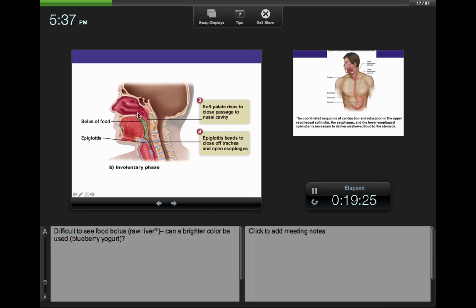And the soft palate moves up to protect your nasal cavities so that you don't get food up your nose, basically. Unless you laugh, like I said, while you're drinking milk, you're going to get it in your nose. All right, but usually the soft palate kind of lifts up, rises up to close the passage to the nasal cavity. Epiglottis bends down to close off the trachea.